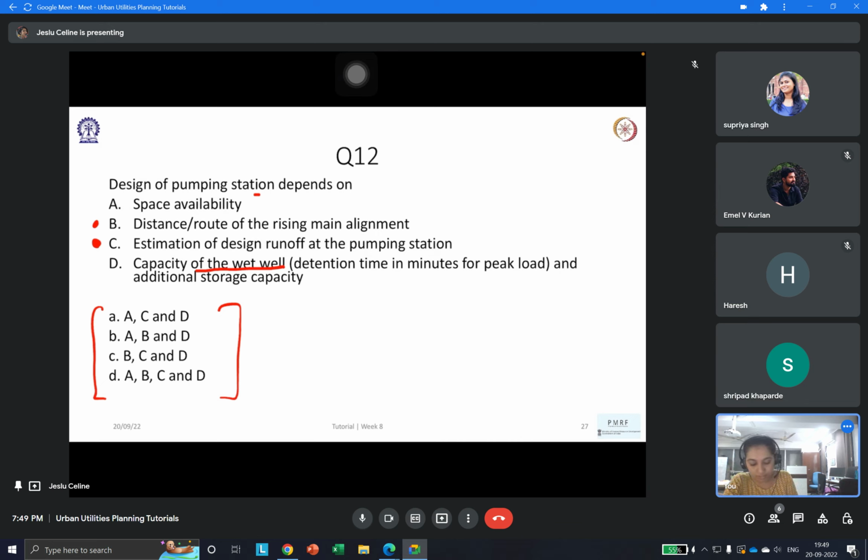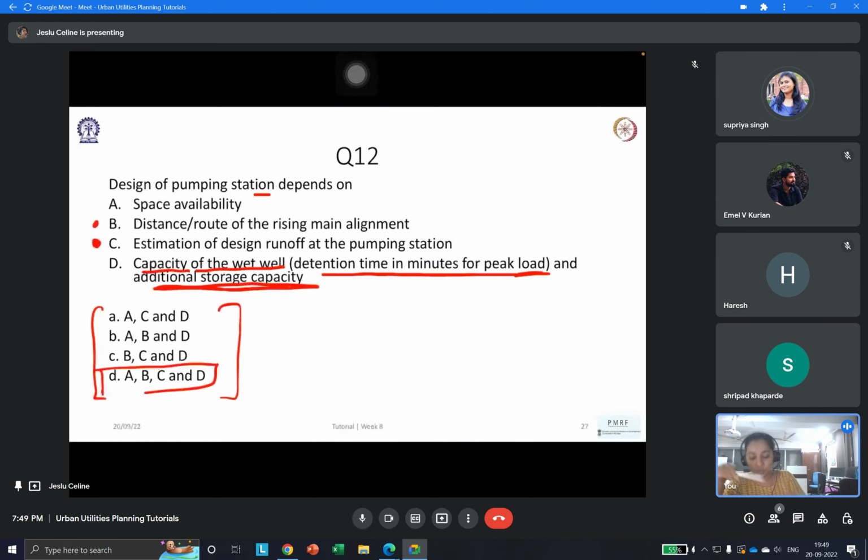The capacity influences the detention time in minutes for the peak load. And if there's any additional storage capacity, that also influences it because that much pumping is required. So all the four options are right.